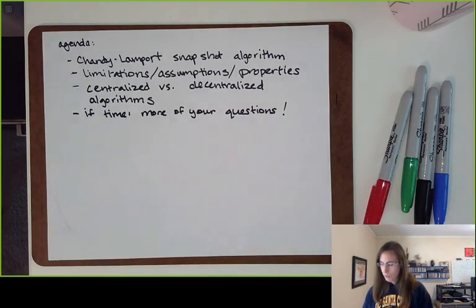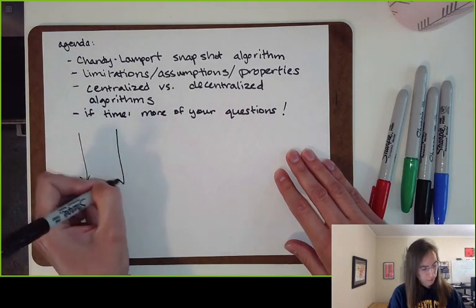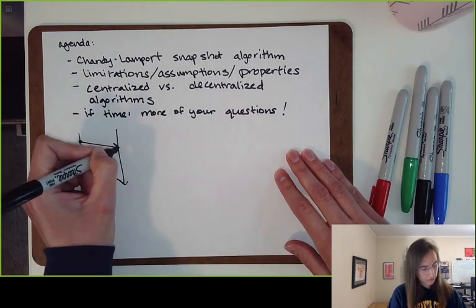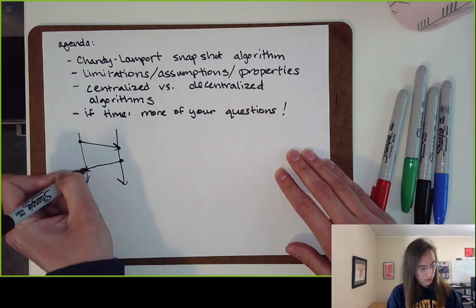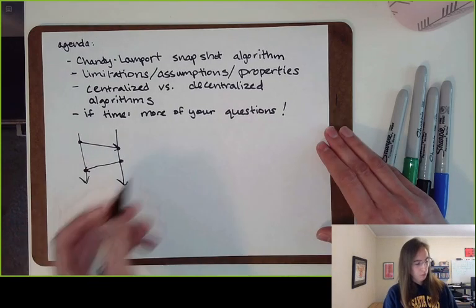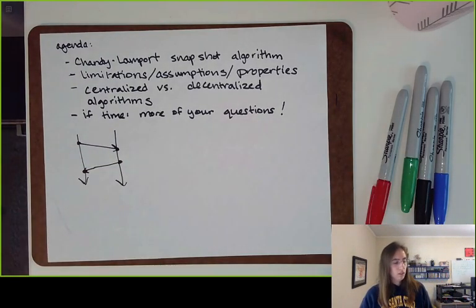All right, so last time we kind of set the stage for talking about the Chandy-Lamport snapshot algorithm by talking about what a snapshot is. So just to recap from last time, if you have some distributed execution with a bunch of events, let's say that you want to record a picture of what happened in the execution.